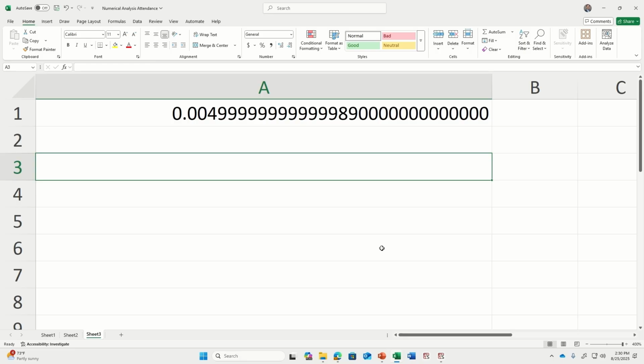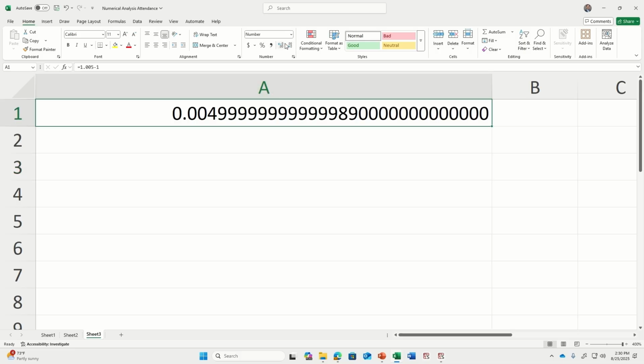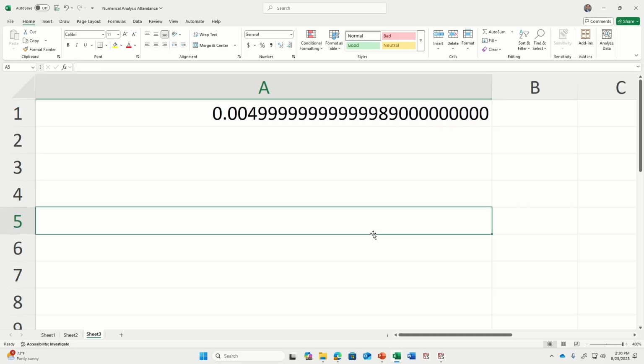Of course, whenever I hide all of these digits, it's going to round it for me so that it displays as 0.005. But every time I reference the cell in my spreadsheet from now on, what's really happening behind the scenes, the number that it's using to multiply, divide, add, subtract, whatever, is actually this number. Because this is the closest representation in the double precision floating point data type.